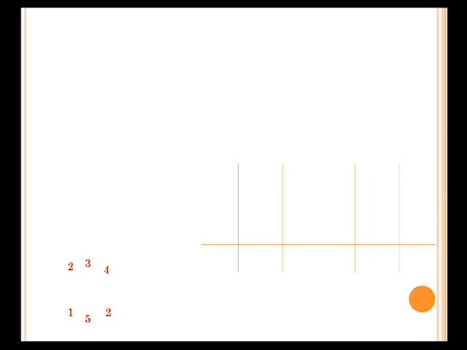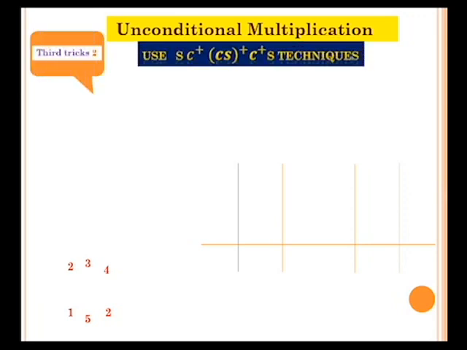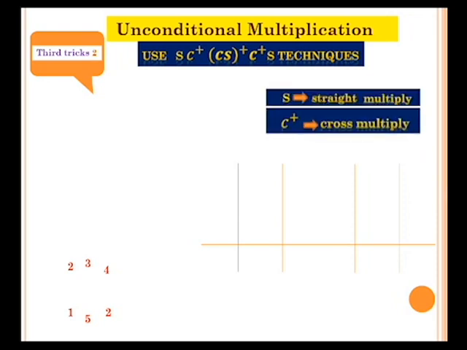Now there is another technique for the multiplication of 3-digit numbers, that is S C plus C S plus C plus and S. Here again S is straight multiply, C plus is cross multiply and addition, and S is straight multiply.